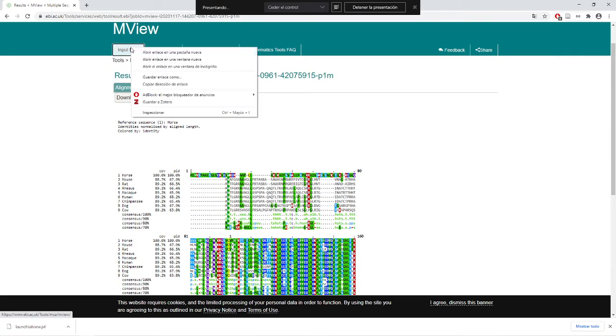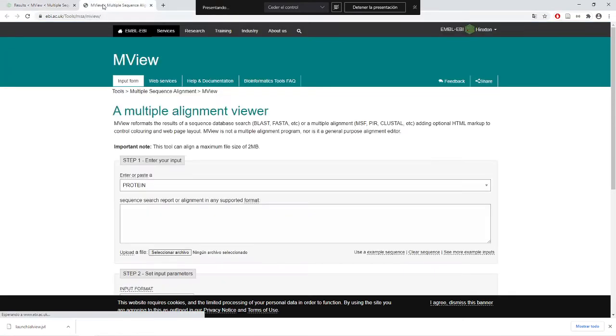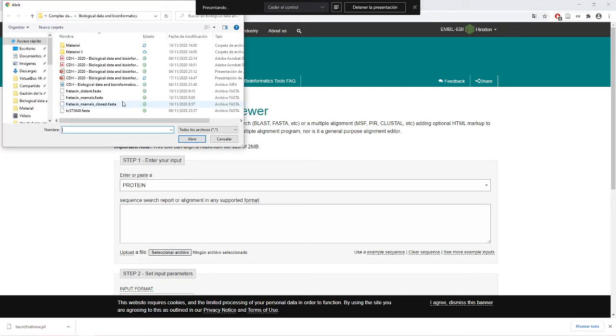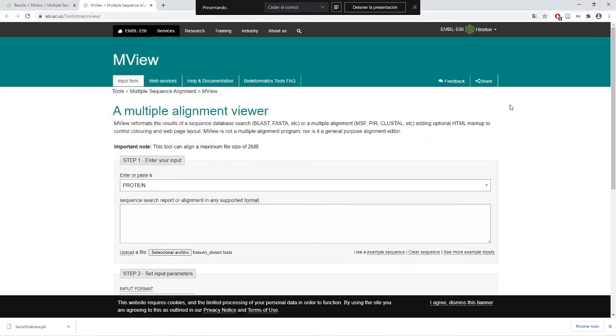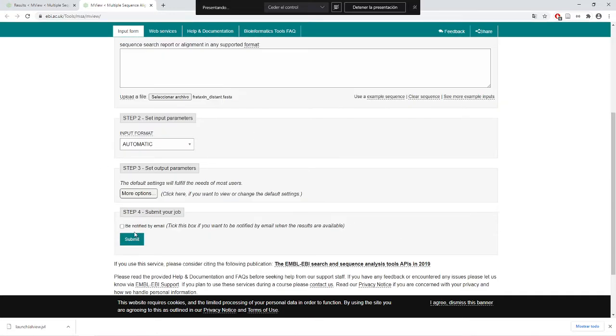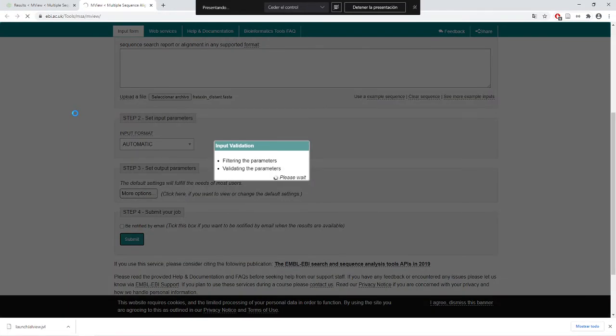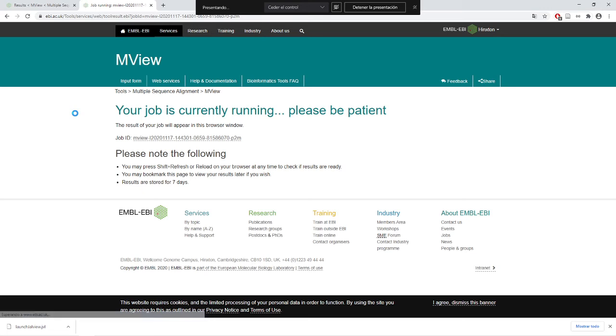We're going to see for the distant mammals, no, distant organisms, sorry, and check whether we have a lot of difference with the closest mammals.